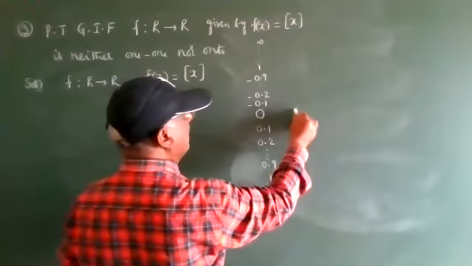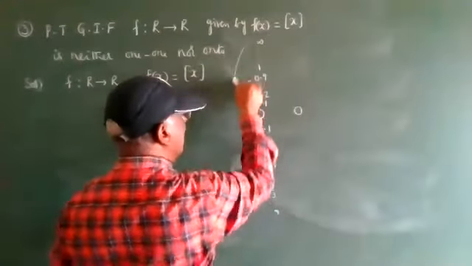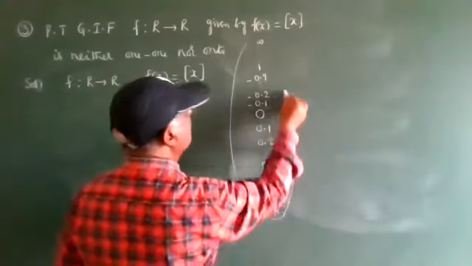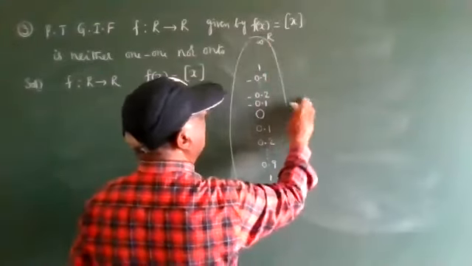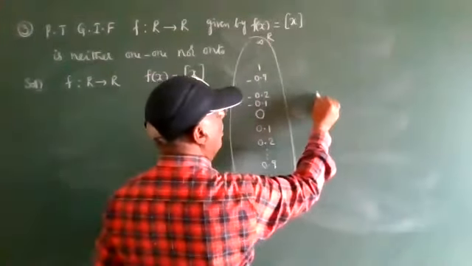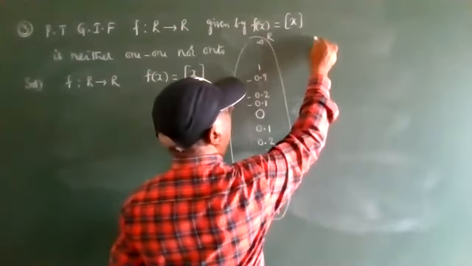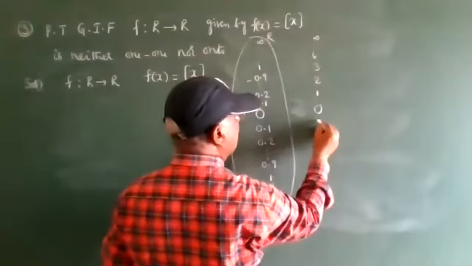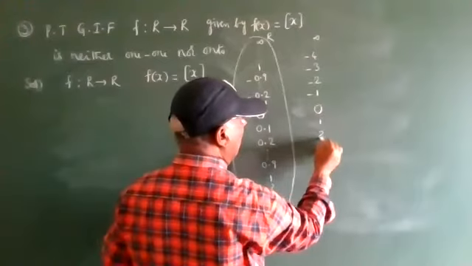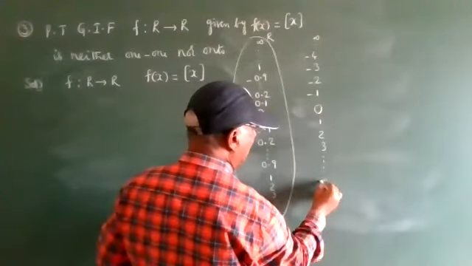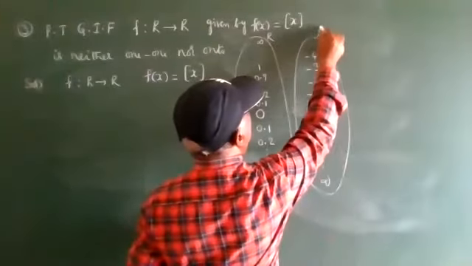Here is 0. Here also real numbers, R only: 0, 1, 2, 3, 4, up to infinity. This side also negative: -1, -2, -3, -4, up to infinity. These are also real numbers.